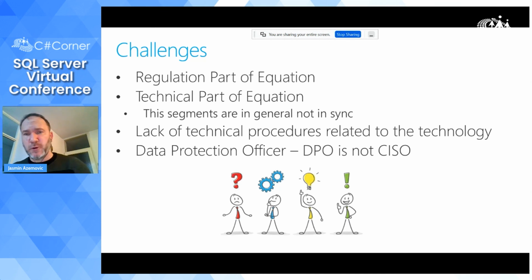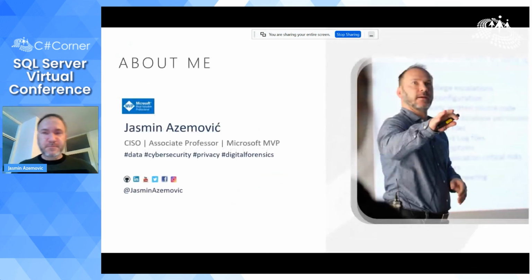DPO is not CISO, because CISO is dealing with security, and privacy is always opposite from that part. So DPO is a senior role that needs to understand the legal part of the story and the technical part. So the best case scenario is to have a person with 10 years plus experience in the technical part of the story with a solid background of the legal part of the story. This is me.